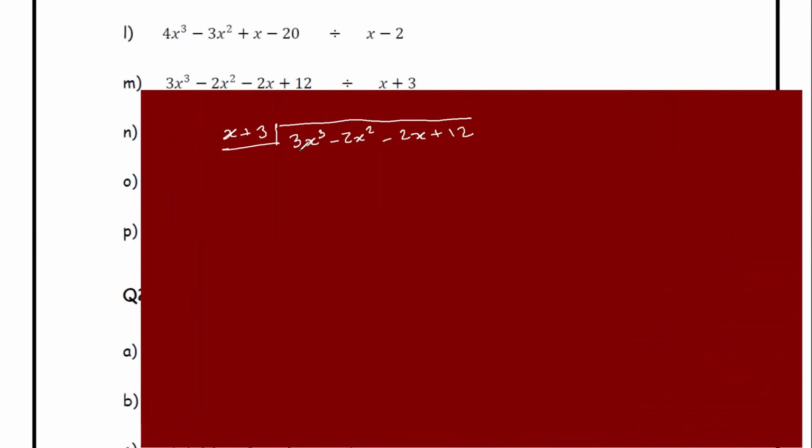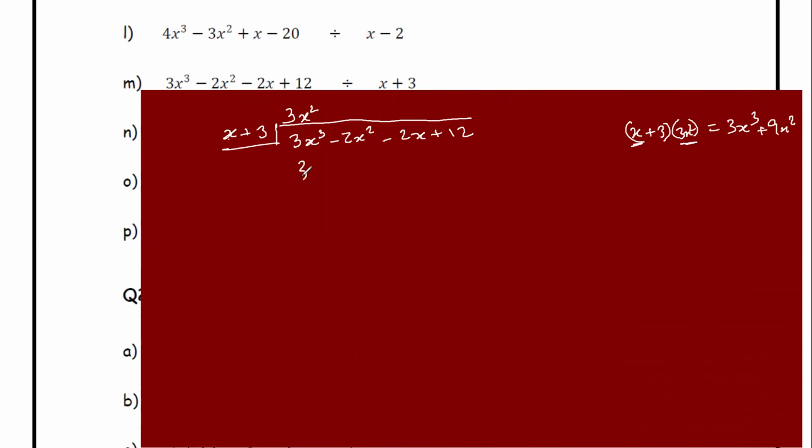So to get a 3x cube, I need x square definitely, because x into x square gives me x cube. But it will be 3x squared, because x plus 3 into what gives you 3x cube. So it will be 3x square. So x into 3x square is 3x cube, and plus 3 into 3x square is 9x square.